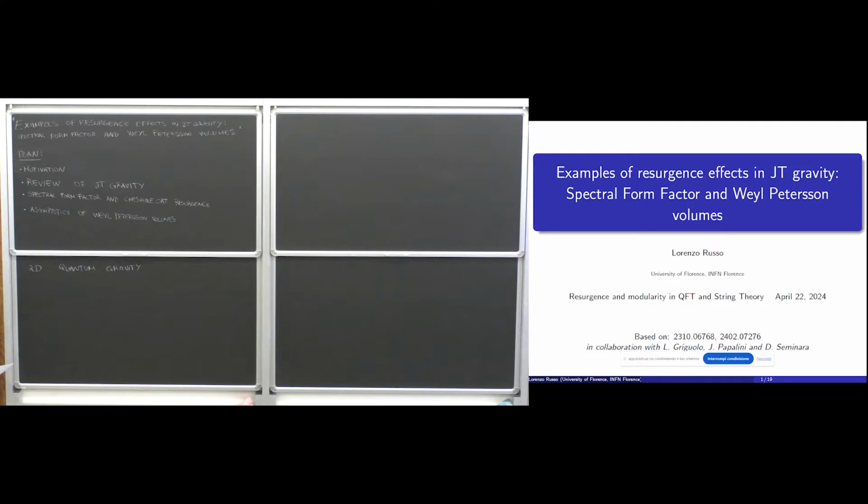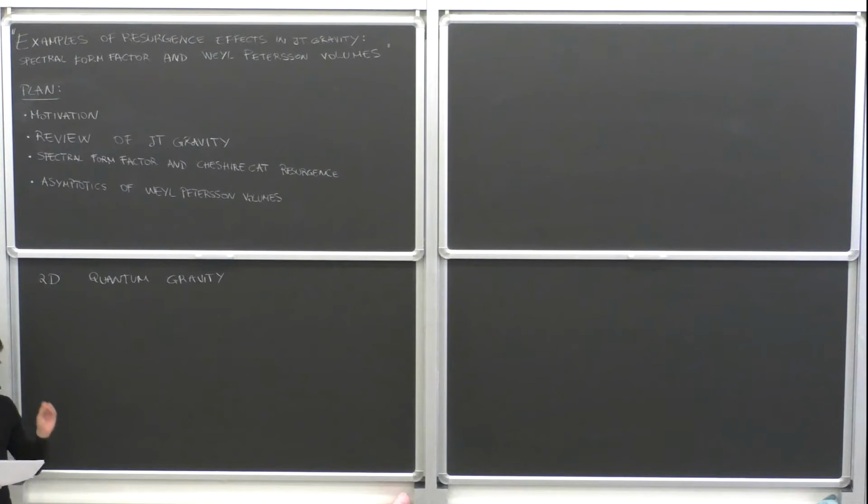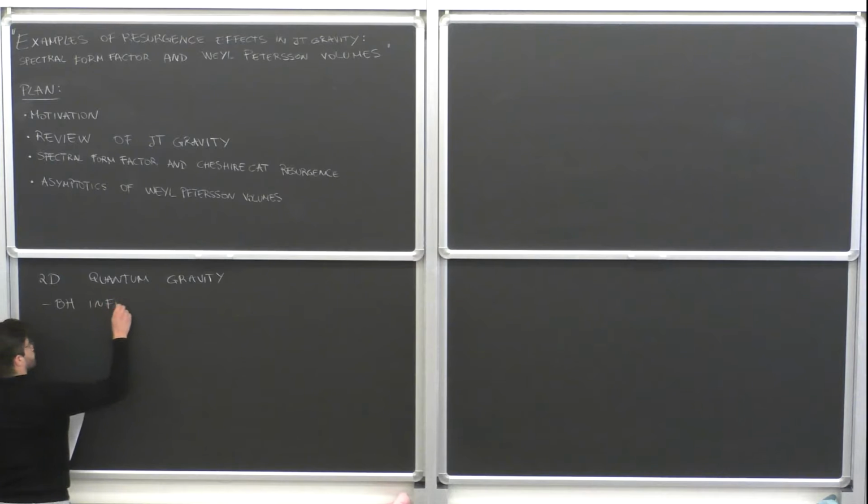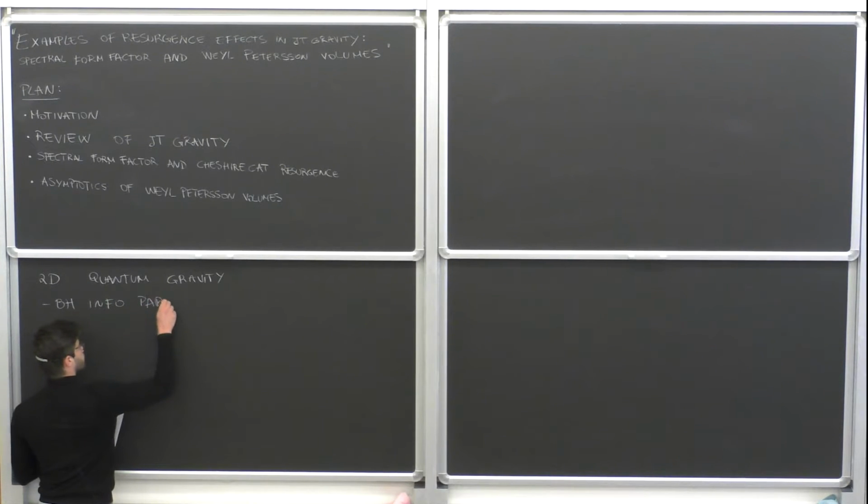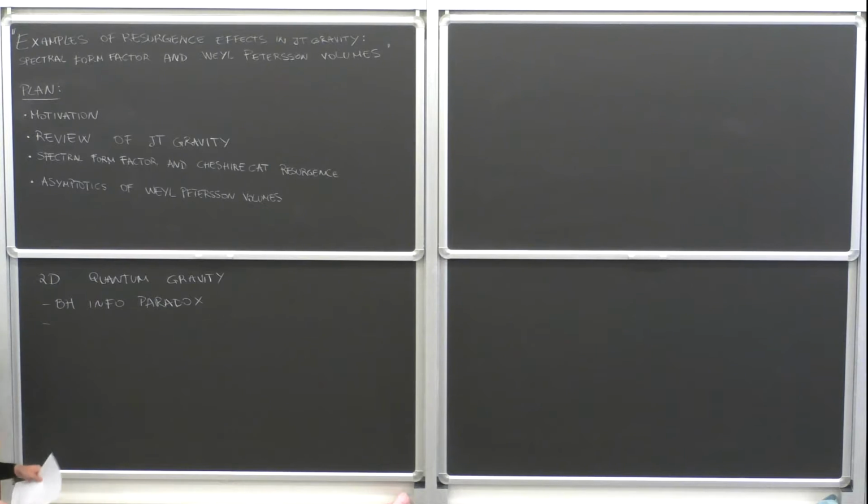First of all, not every problem that we may want our theory of quantum gravity to solve depends on the dimensionality of space-time. There are some problems that exist in every dimension, for example, the black hole information paradox, and also the understanding of the black hole microstructure and the microstates of black holes.